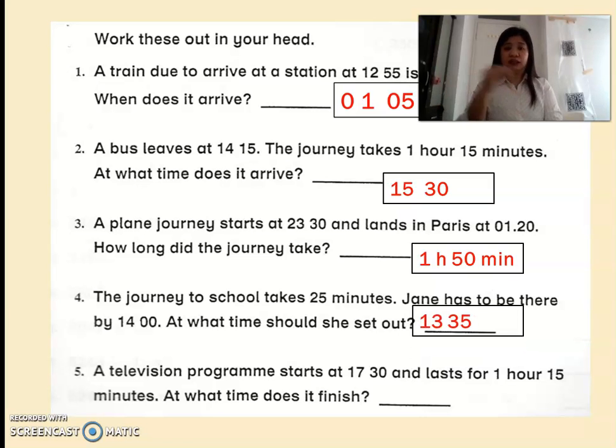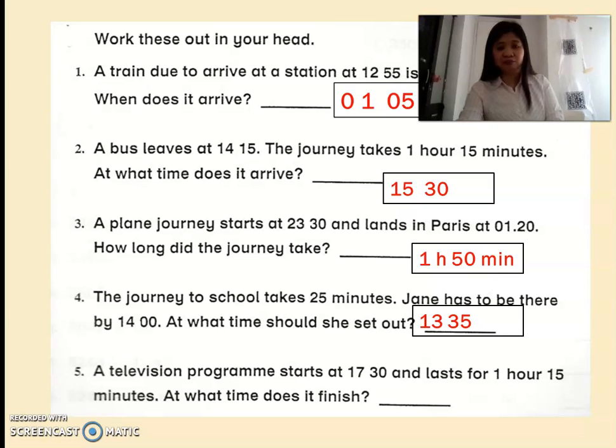You will count backwards. 1400 is the time that she needs to arrive there, and the duration is 25 minutes going to school. So 1400 minus 25 will become 1335. If you want to check, 1335 plus 25 equals 1400.